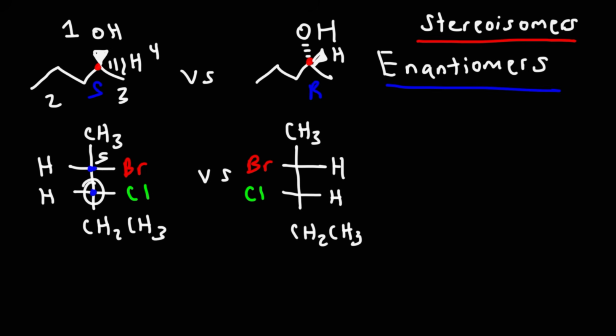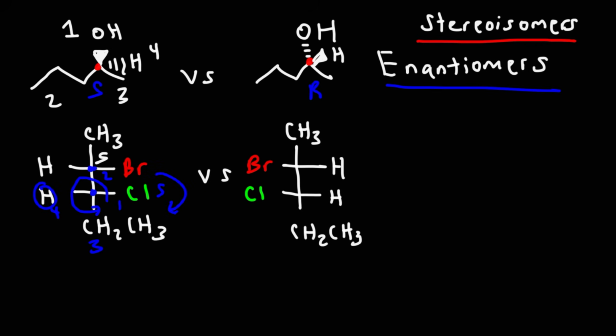Now for the chiral center at the bottom, for the chlorine atom, that's going to be group number 1. Ethyl, compared to this group, this is going to be group number 3. The top group is number 2, the bottom group is 3, H is 4. So going from 1 to 2 to 3, this looks like it's going in the counterclockwise direction, which is S, but H is in the front.